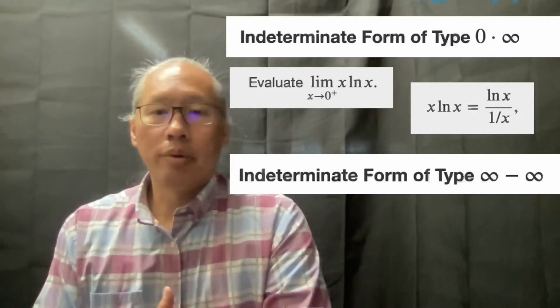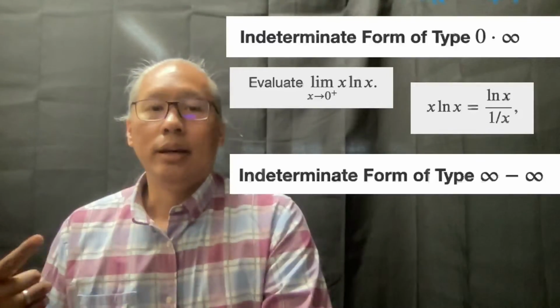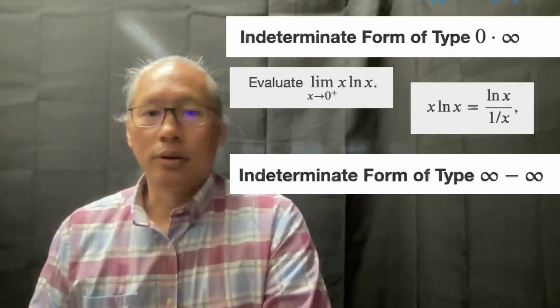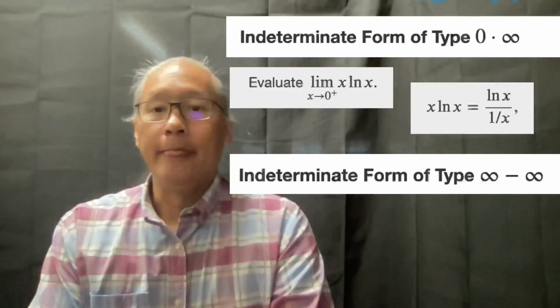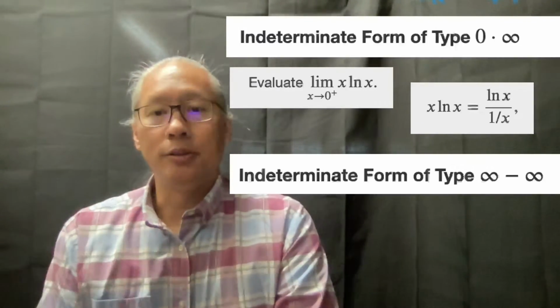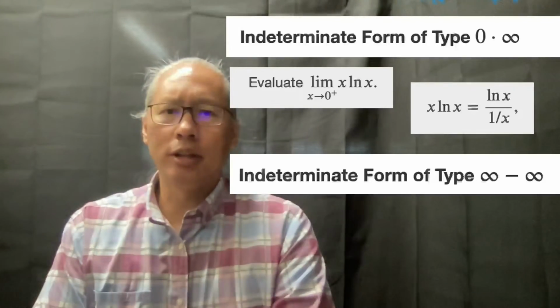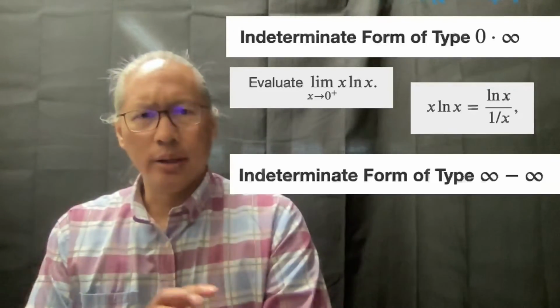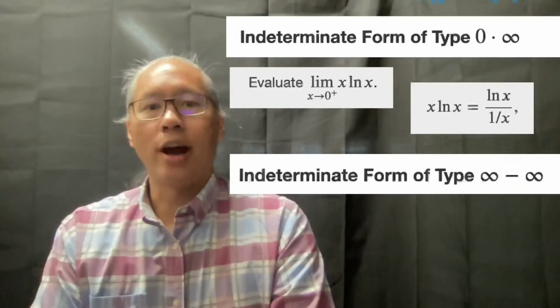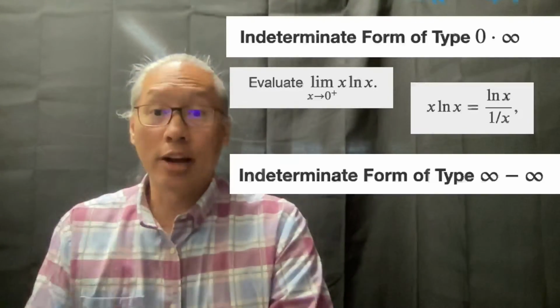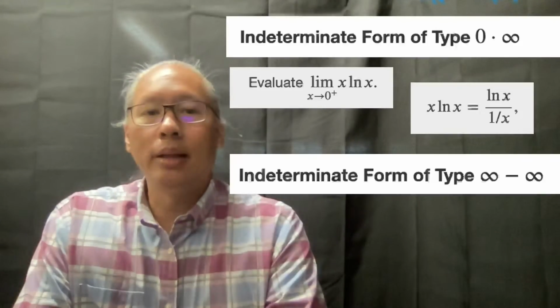When you rewrite it as a fraction and take the limit, it'll go to either 0 over 0 or infinity over infinity, and in that case, you get to use L'Hopital's Rule. So you don't get to use L'Hopital's Rule directly with 0 times infinity. You have to first make it into a fraction, and once you have it in fraction form, then you get to apply L'Hopital's Rule.